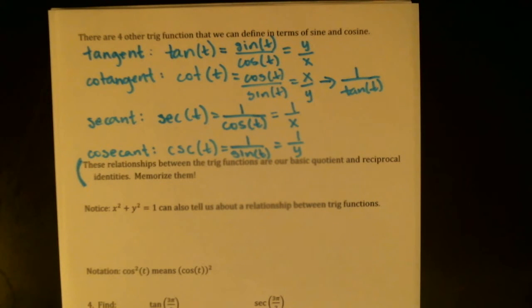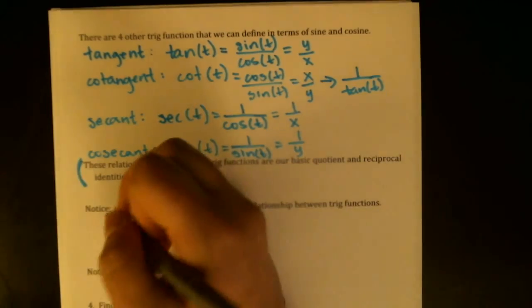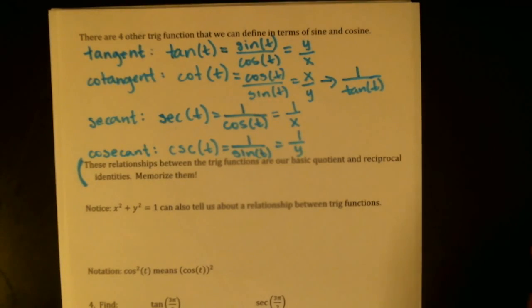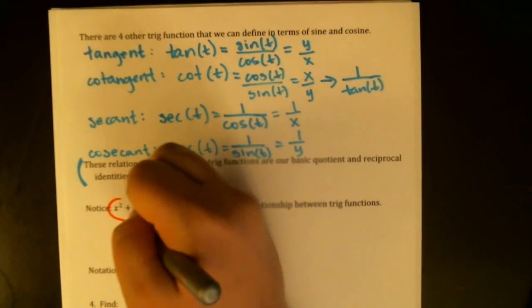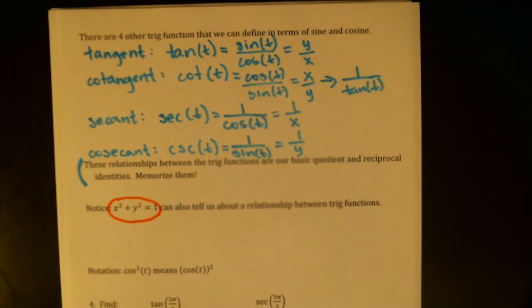We've already mentioned that the relationship between your x and your y is given by x squared plus y squared equals 1. I'm going to switch colors for a bit here. I just want to point out that we can actually rewrite that using trig functions now.